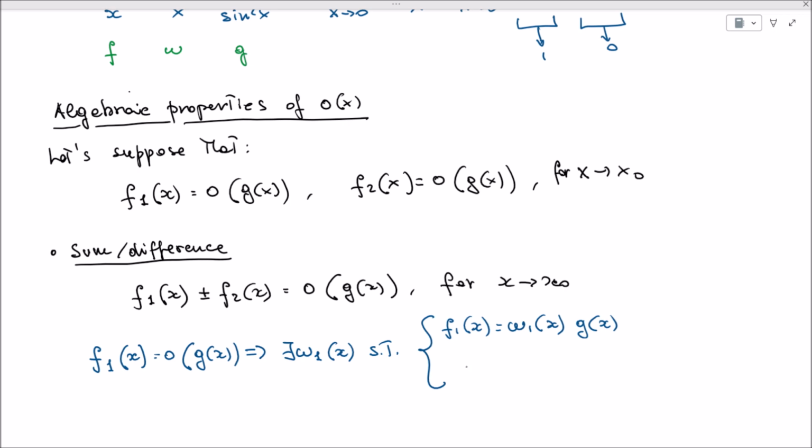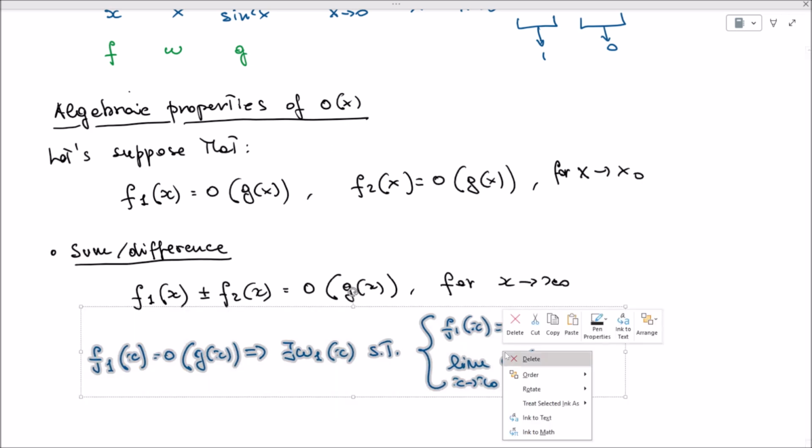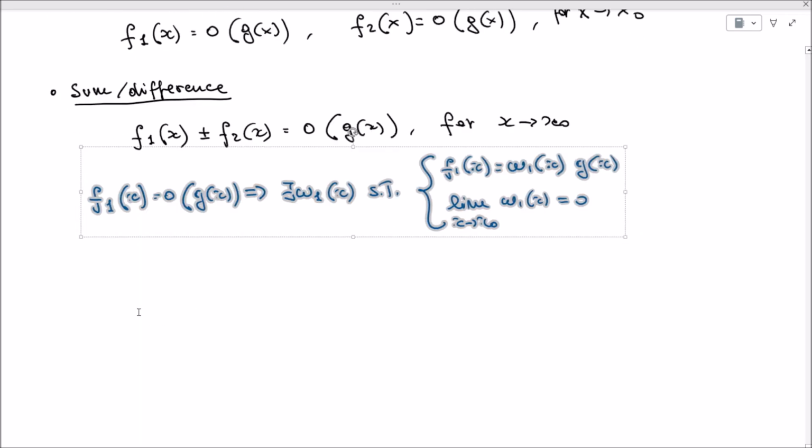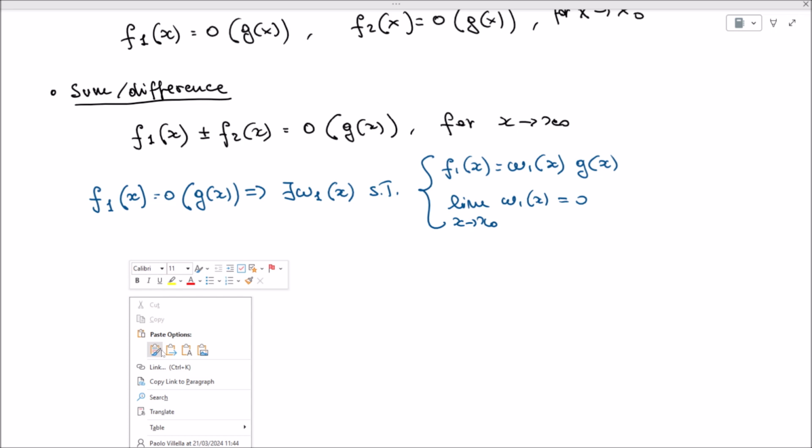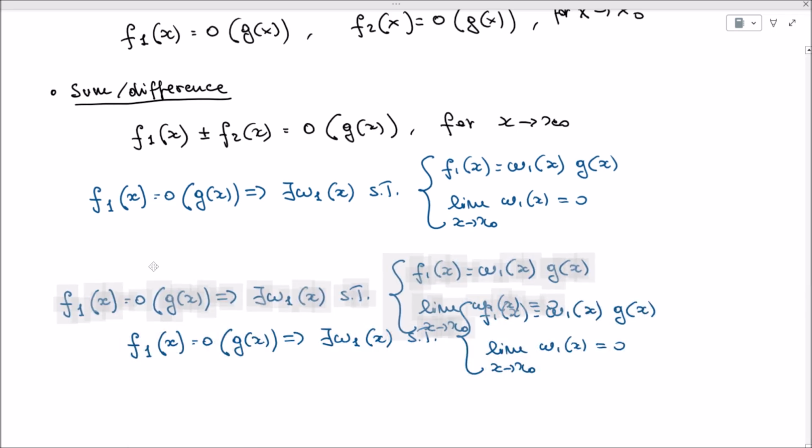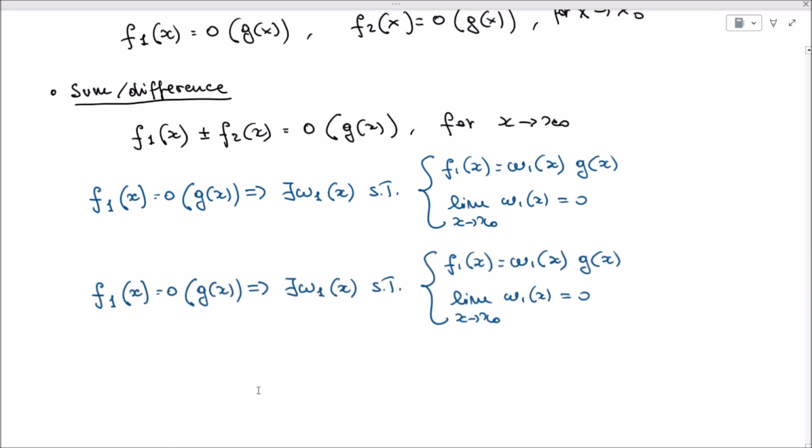And we also have that the limit of omega 1 of x when x goes to x naught is equal to 0. Now we can repeat this for the function f2, just changing 1 into 2.